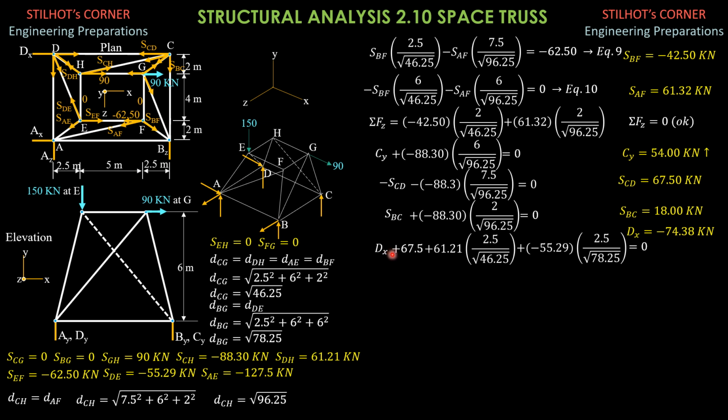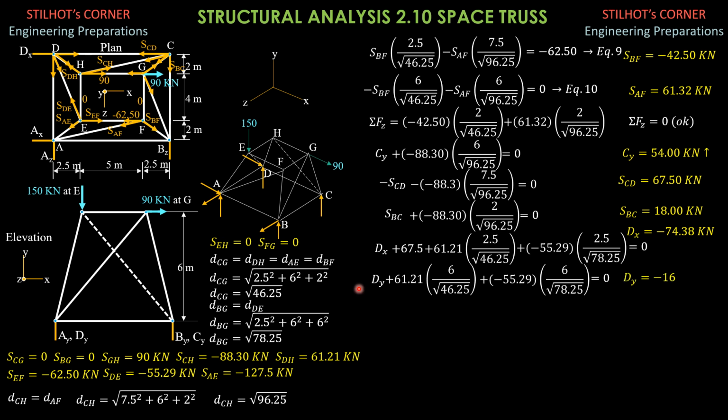Summation forces Y, let's assume DY as upward. DH is upward, DE is also upward. So DY plus SDH, this is 61.21 times 6 over square root of 46.25, plus SDE, plus negative 55.29 times 6 over square root of 78.25 equals 0.